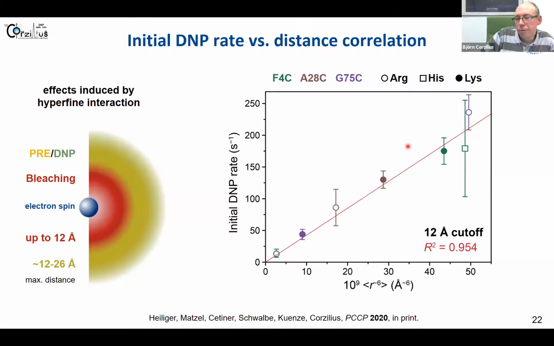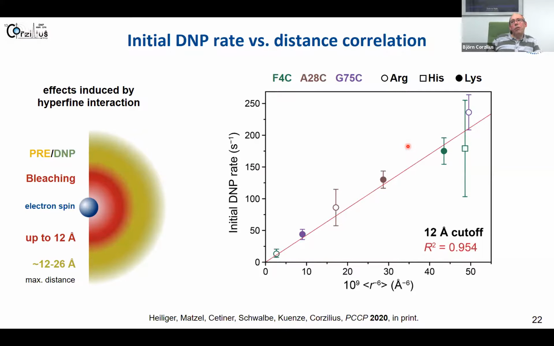Yeah, the error bars are quantitative, and they are the error bars from the statistical analysis of the fit of the build-up curve. But if you're a structural biologist, for example, you would want to know what the error bar is on the distance measurements. Okay, I see your point.